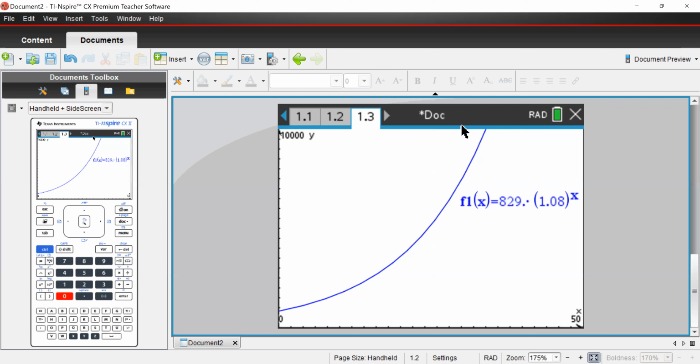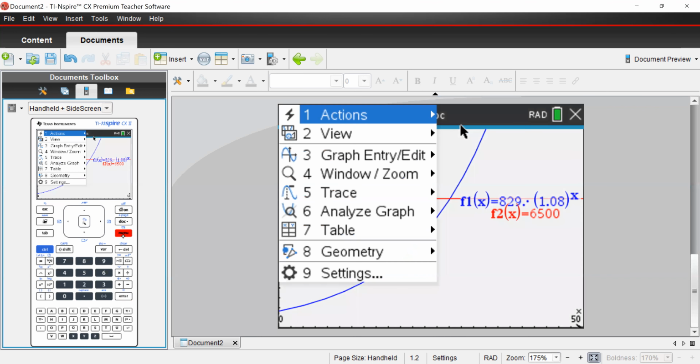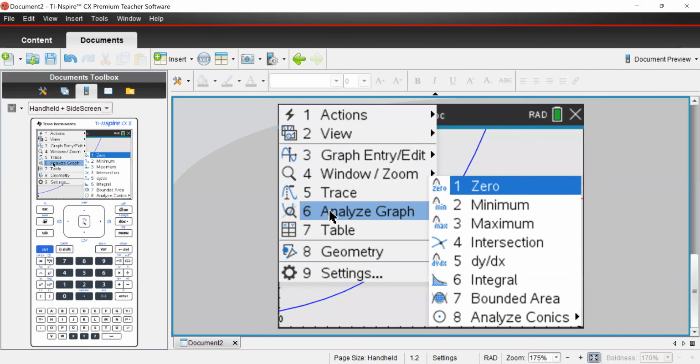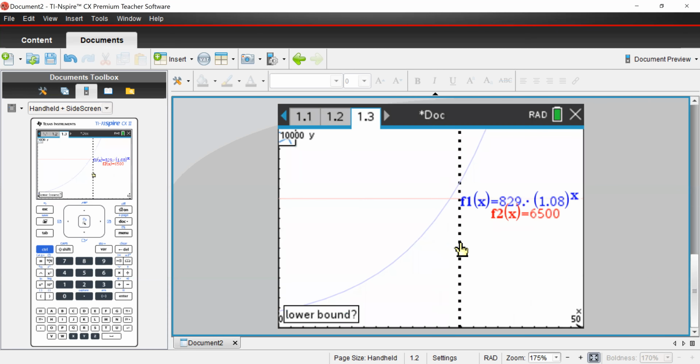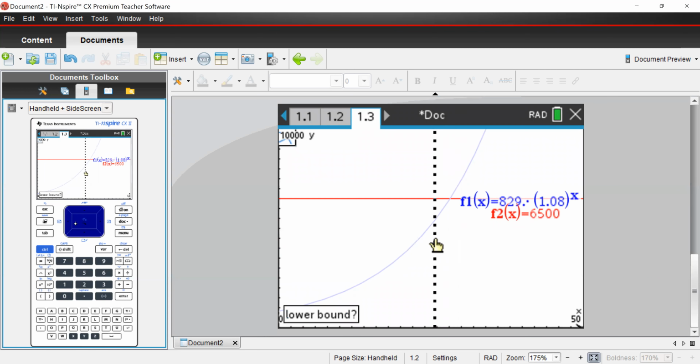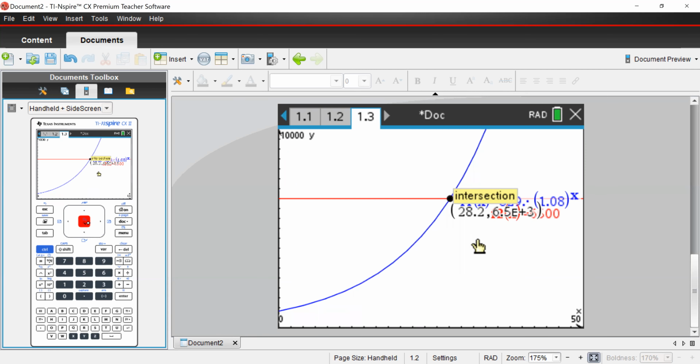And now we can ask, which year would the tuition reach $6,500? That's your Y value. So go to tab. You type in 6,500. And then you have an intersection. Therefore you can go ahead and analyze the graph, analyze the intersection between y equals 6,500 and the exponential function.